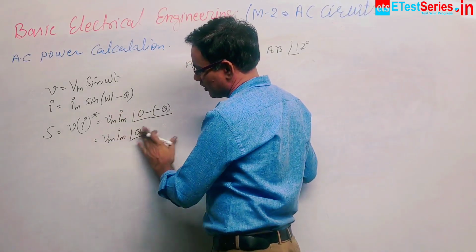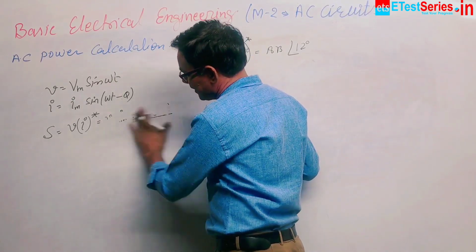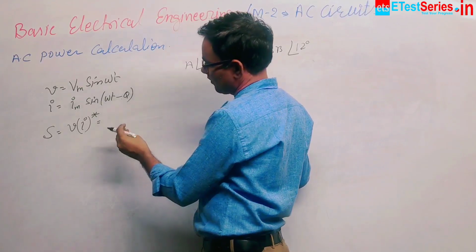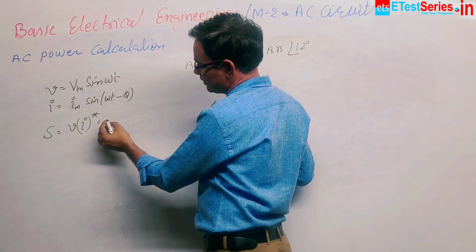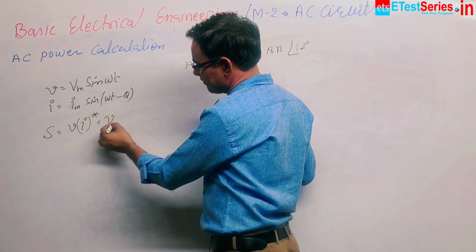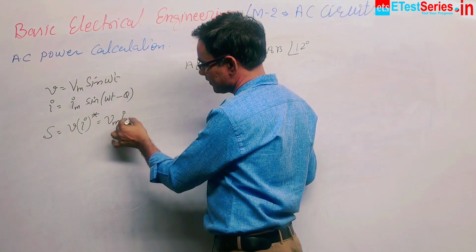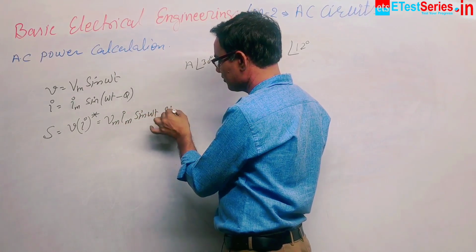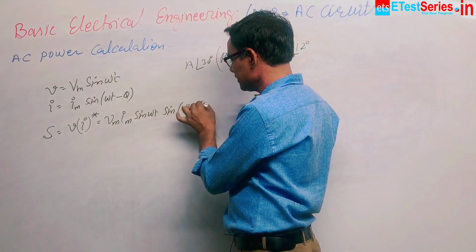Here we try to simplify by taking these two values. So it is Vm Im sine of omega t, sine of omega t minus theta.